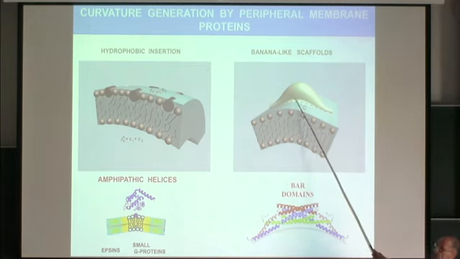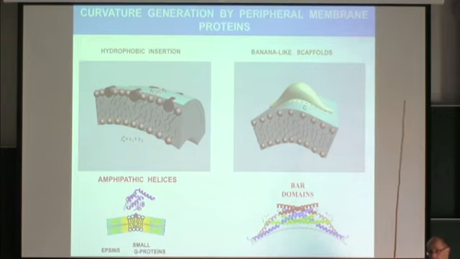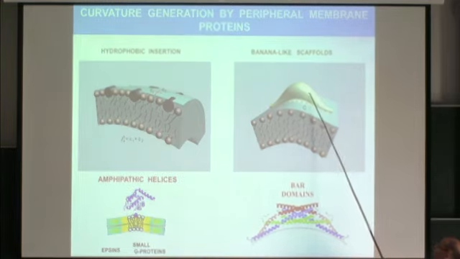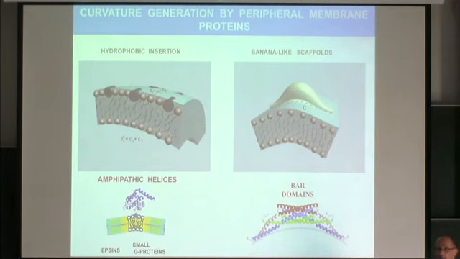Lipids are negatively charged, proteins are often positively charged and stick to the membrane. If the protein which sticks to the membrane by, for example, an electrostatic mechanism has an intrinsically bent shape due to its structure and is sufficiently rigid, meaning more rigid than the membrane, and its energy of attraction to the membrane per unit area is larger than the membrane rigidity, then such scaffolds can bend the membrane locally.